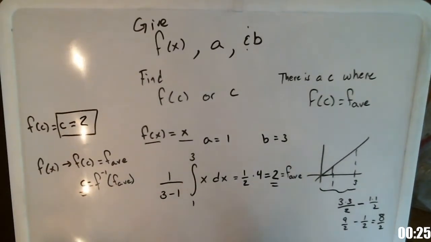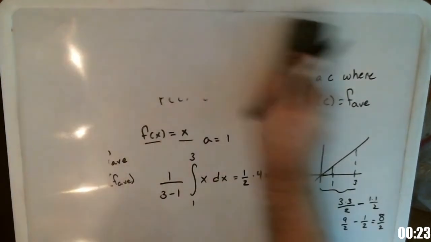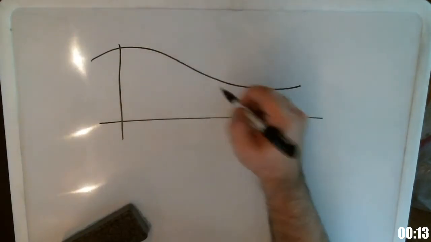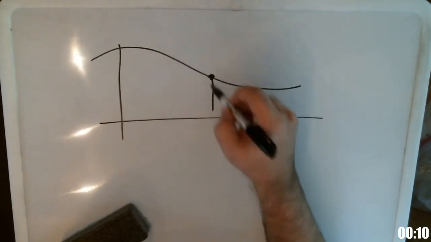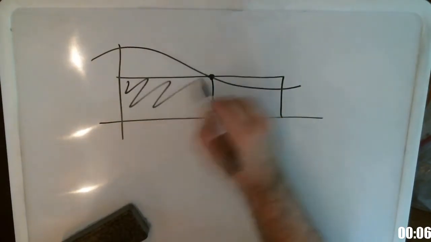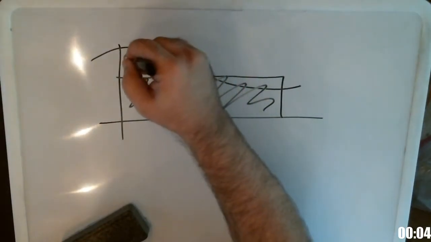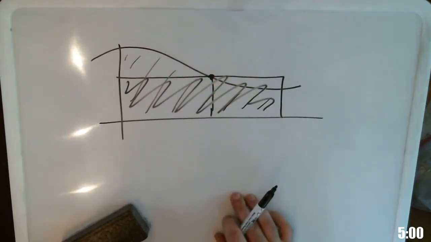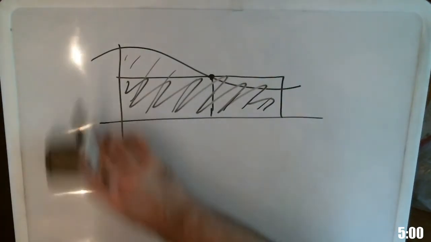And what's really interesting here is what this all means: this existence of point c means there is a rectangle that you could find for any function here where the area of this rectangle is the same as the area under the whole function. Pretty neat. That's about 5 minutes.